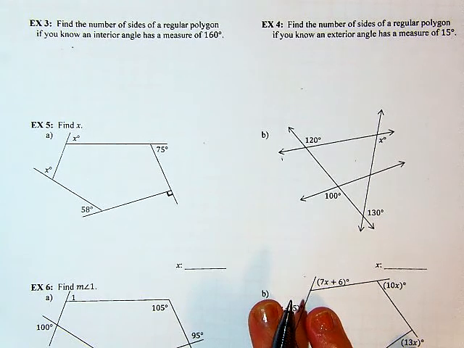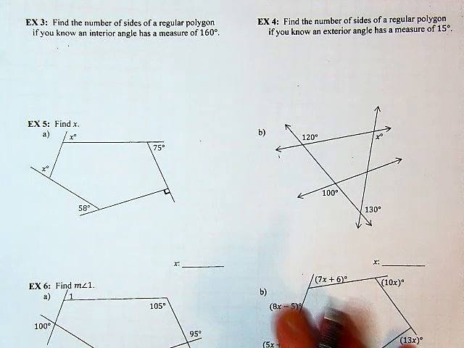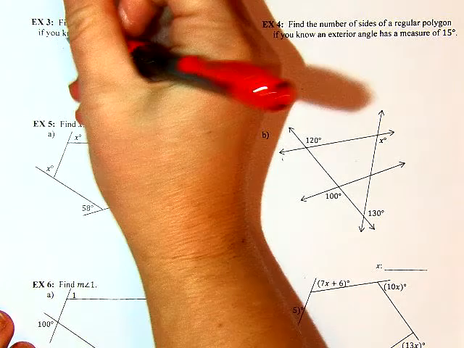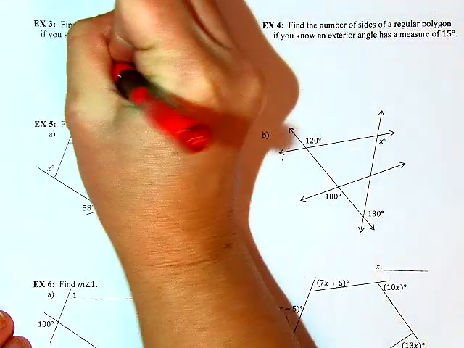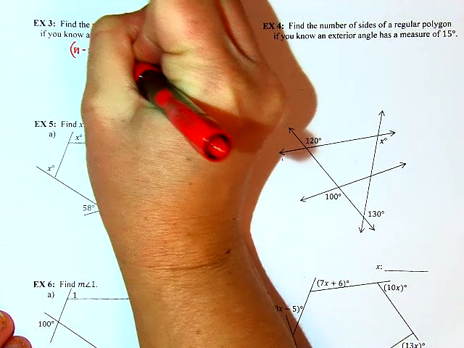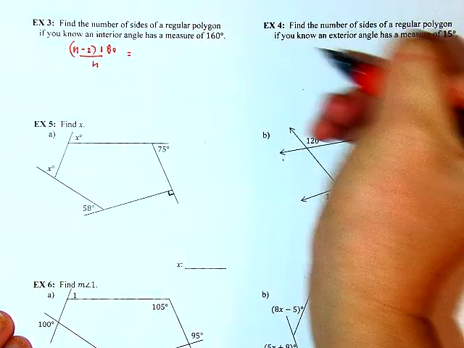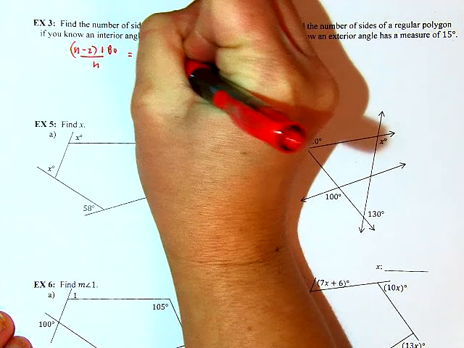Find the number of sides of a regular polygon if you know an interior angle has a measure of 160 degrees. Let me lay out that formula. I know that n minus 2 times 180, divided by n, is equal to 160.